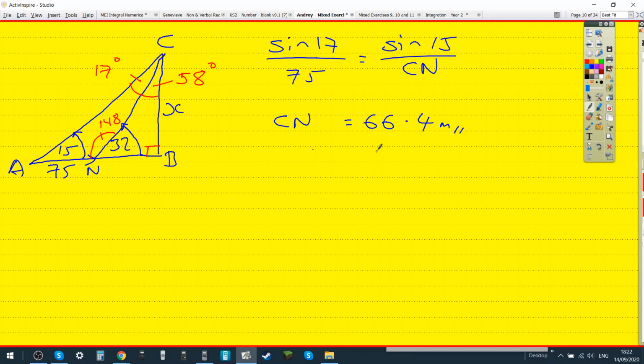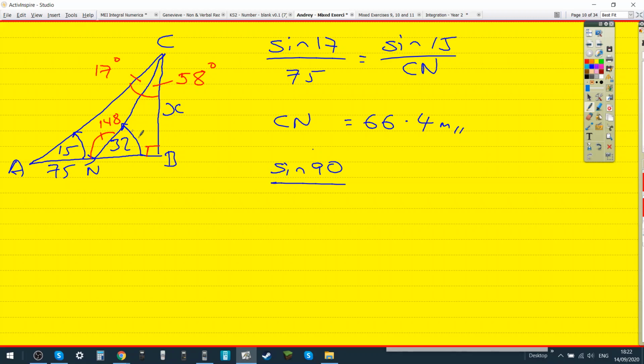And what would you do next? I think you can now get x by doing sine rule with the triangle on the right. So do I have to do sine 90 over 17?